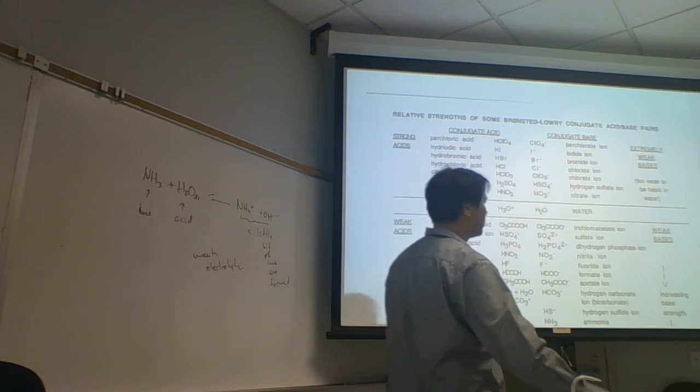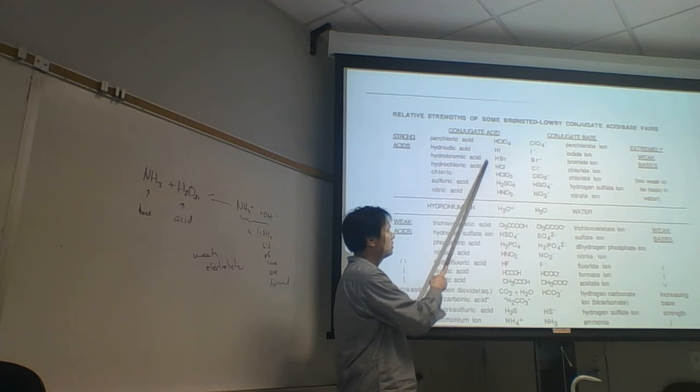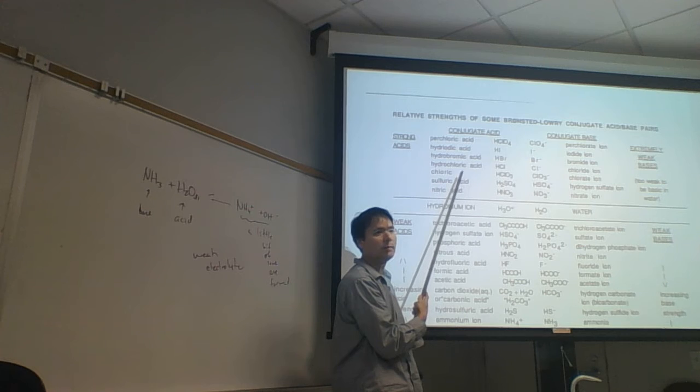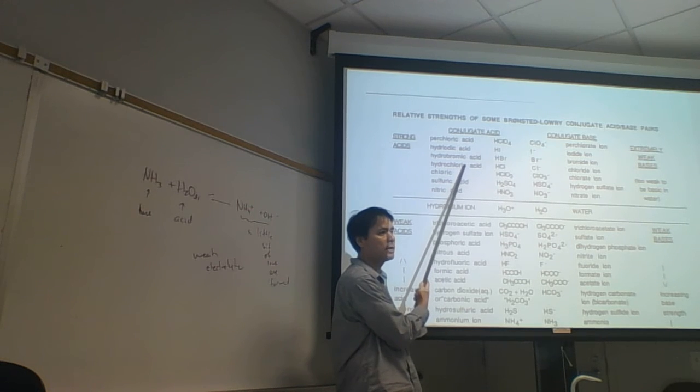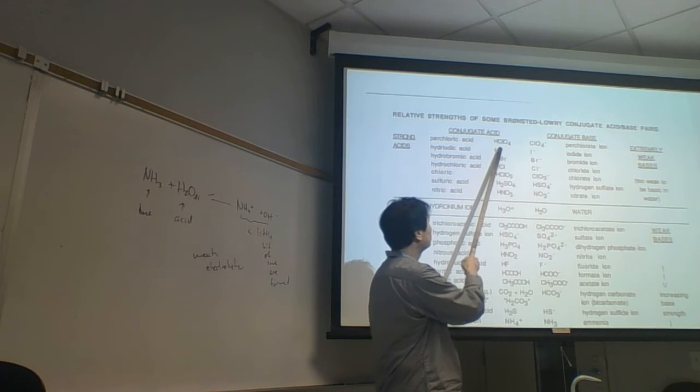This chart we don't have to memorize except for the 7 strong acids. There aren't just 7. There are more than 7 strong acids. But we need to memorize the 7 common strong acids. What are the 7 common strong acids? Let's start off with the first one.